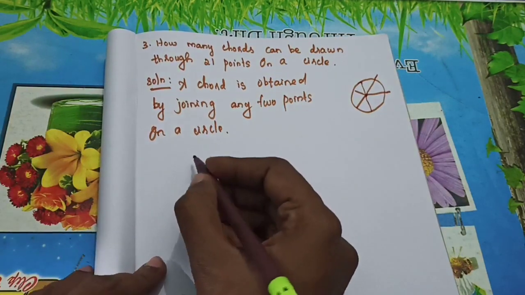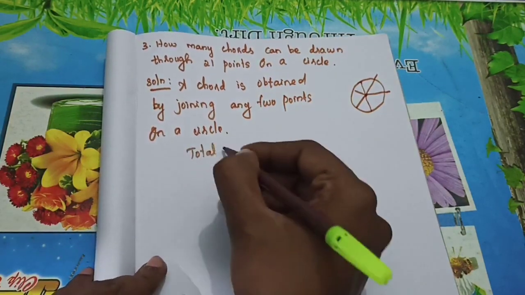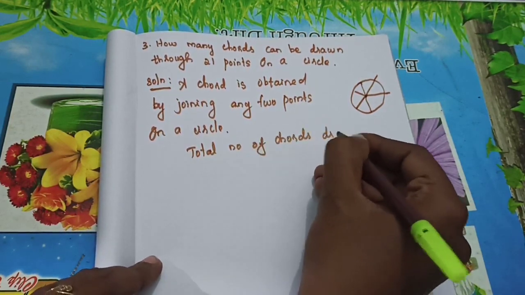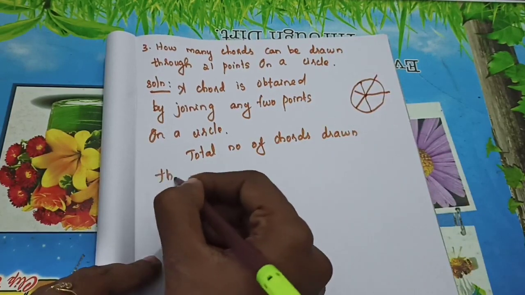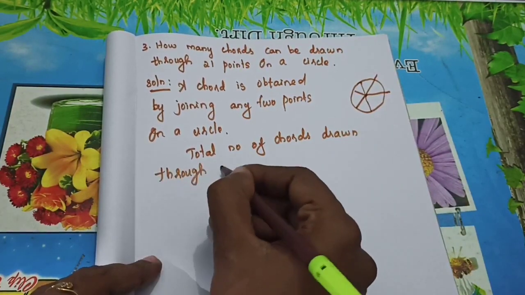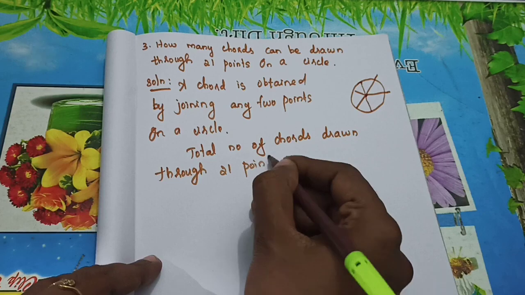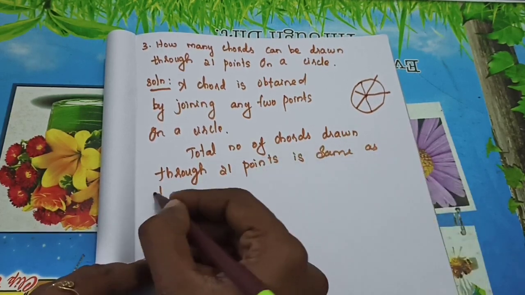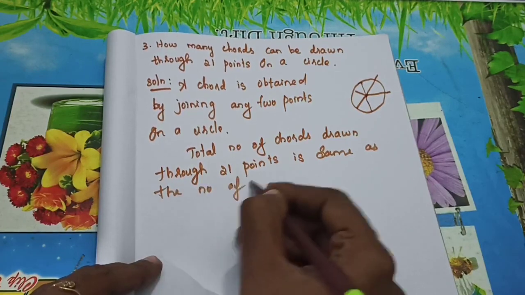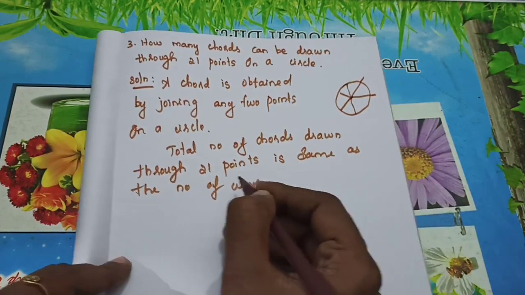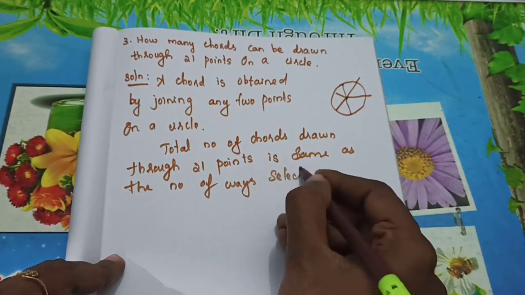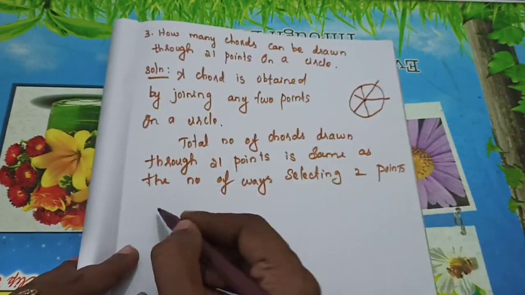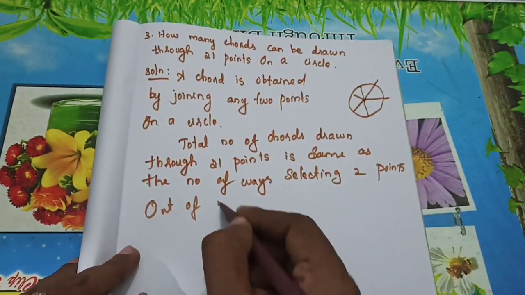So total number of chords drawn through 21 points is same as the number of ways of selecting 2 points out of 21.